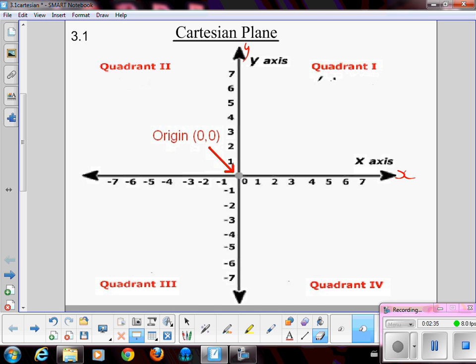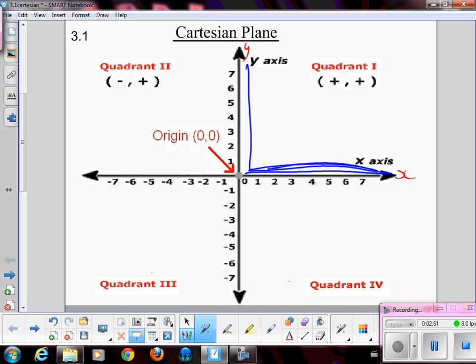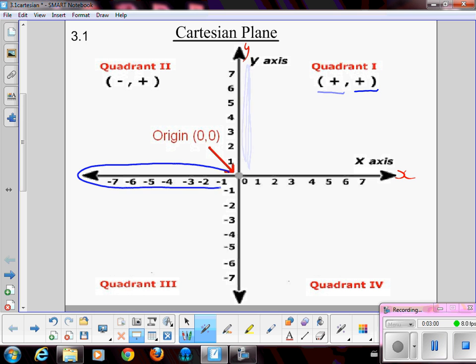Underneath these, I have positive, positive, negative, positive at the top. In quadrant 1, the x-axis and the y-axis values are positive numbers, so we have positive, positive. In quadrant 2, the x-axis is negative and the y-axis is positive.